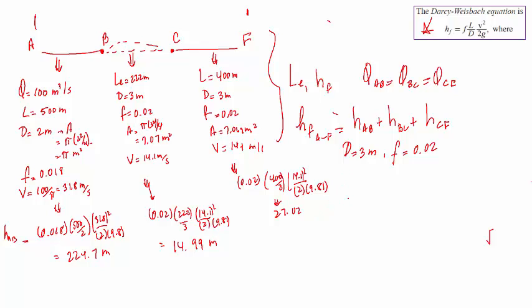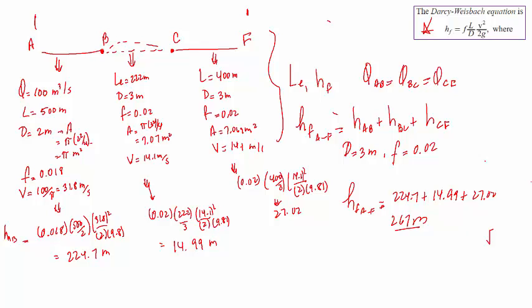So the total head loss from A to F would be the summation of this: 224.7 plus 14.99, or 15, right? Plus 27.02, and this equals 267 meters. Now, how do we get the equivalent length?